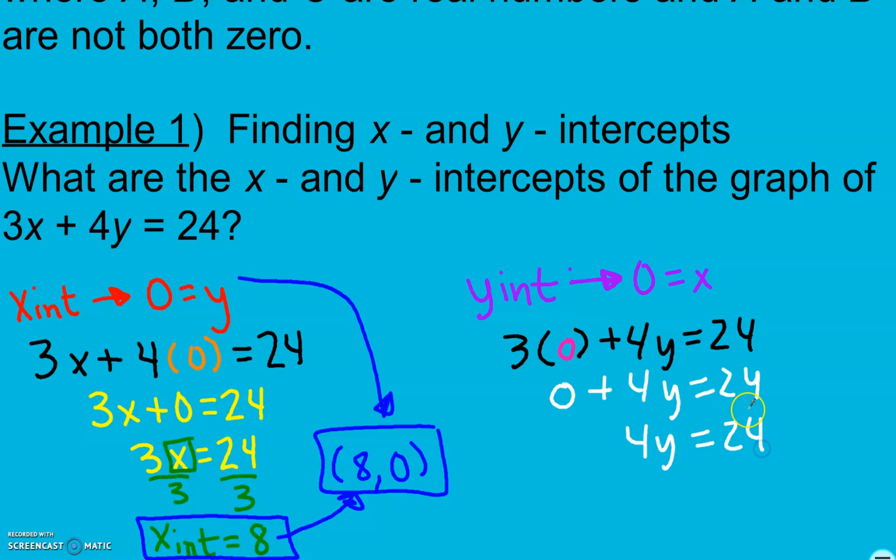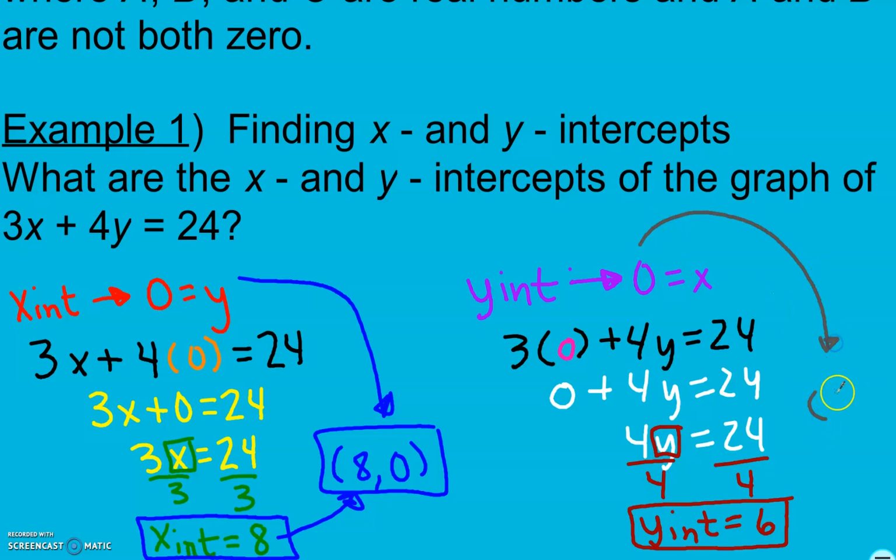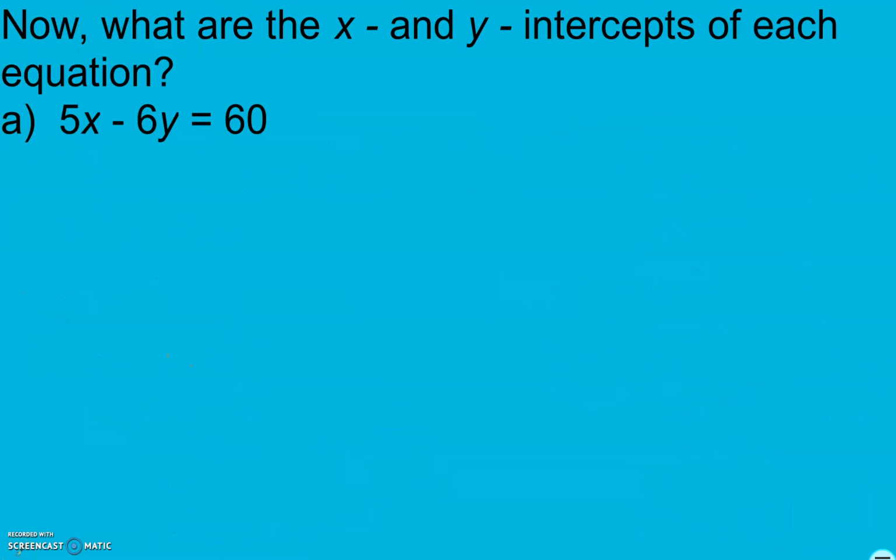And we can solve. y is being multiplied by 4, so I divide by 4. And I get y, again I'm going to label it an intercept, equals 6. And if we want to, we can write that as an ordered pair. x is 0, y is 6. So either way there.